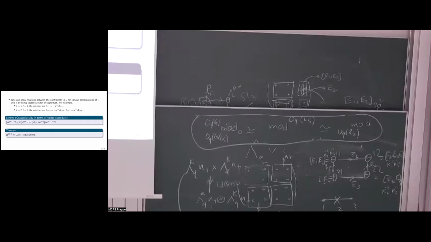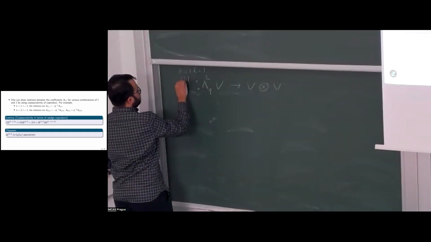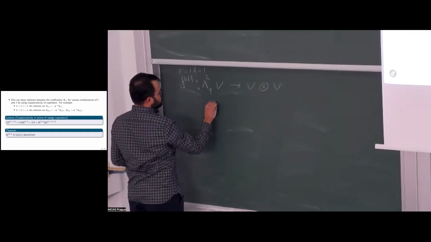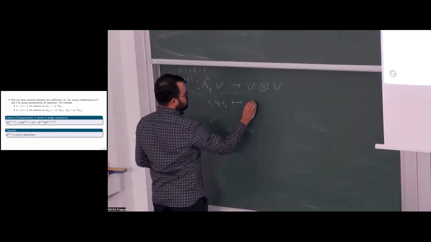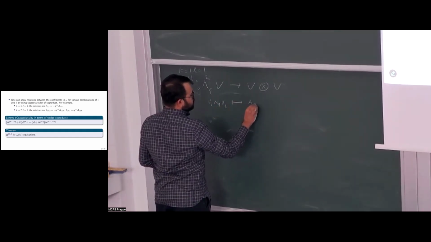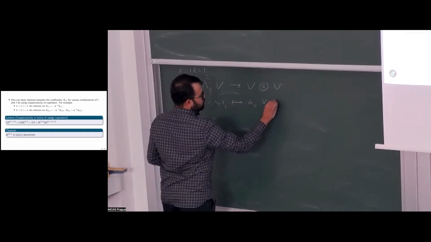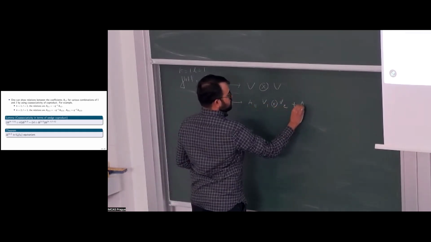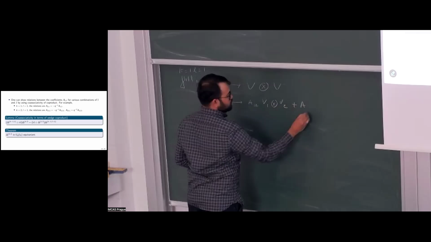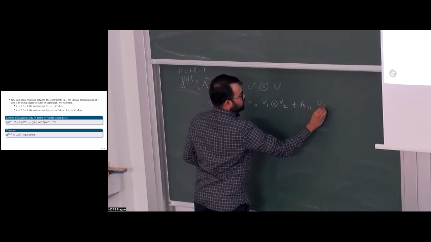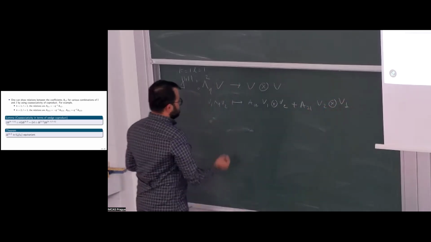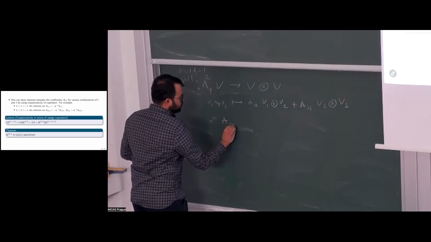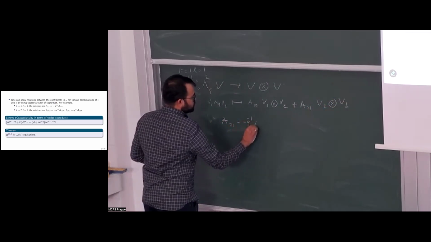Sorry, not (1,1), (1,2). This is (2,1), V_2 tensor V_1. So this is the very basic case one can try to show. And this is nothing but minus q inverse of (1,2).